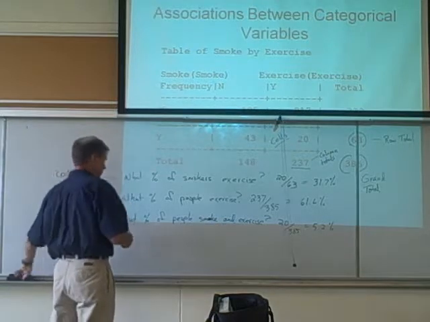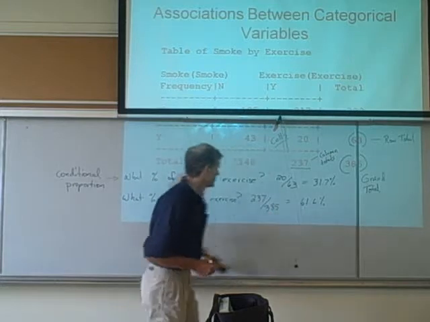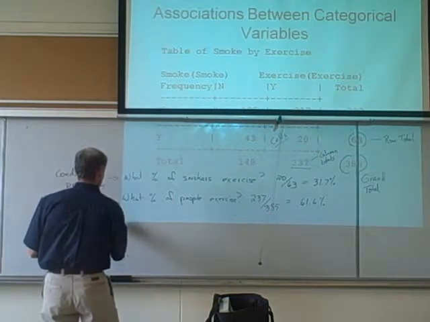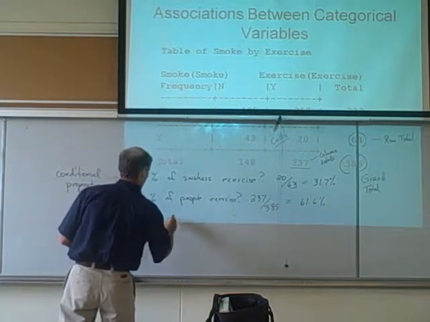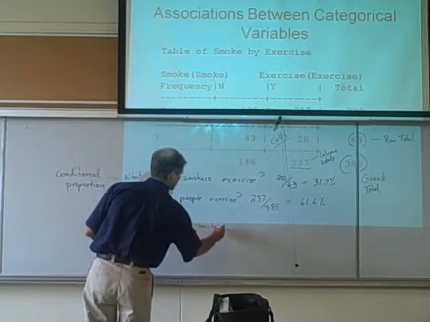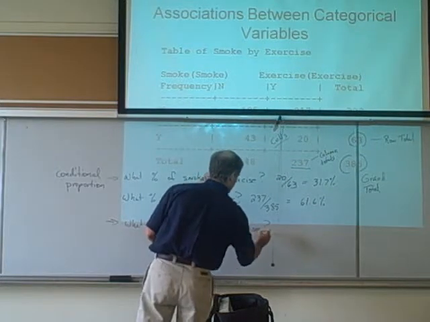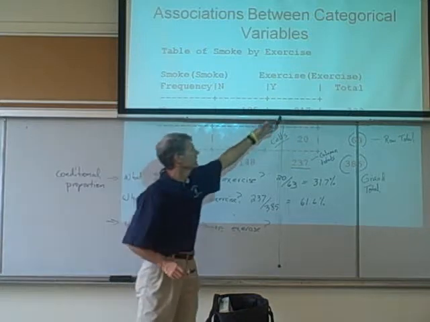What percent of non-smokers exercise? I'm going to come down here to the bottom and do that one. I'm purposely saving this middle one. So here's another conditional one. What percent of non-smokers exercise? Those numbers are kind of hard to read here.